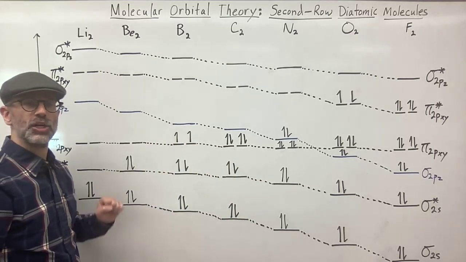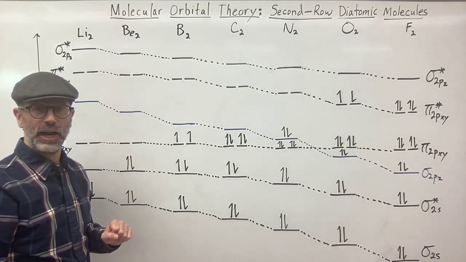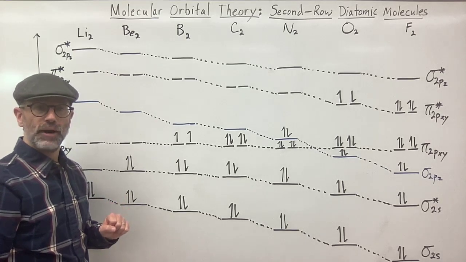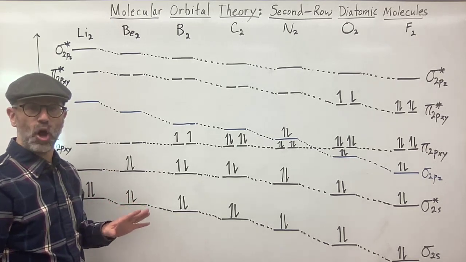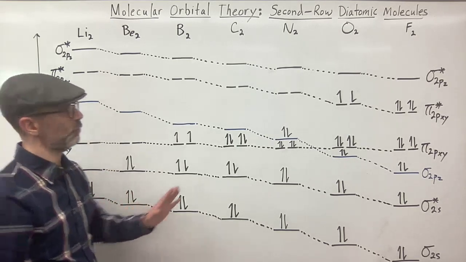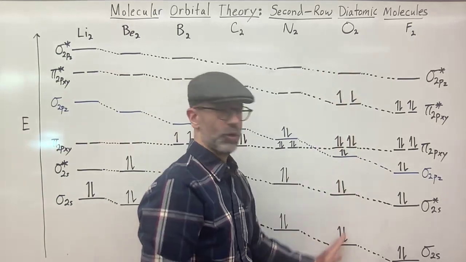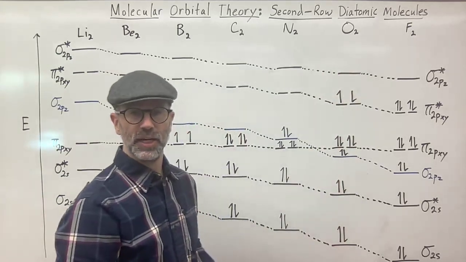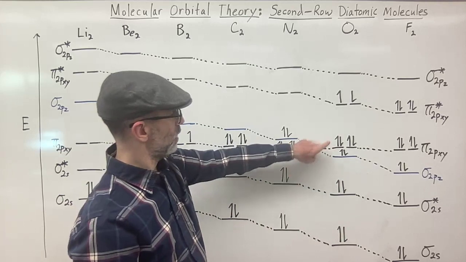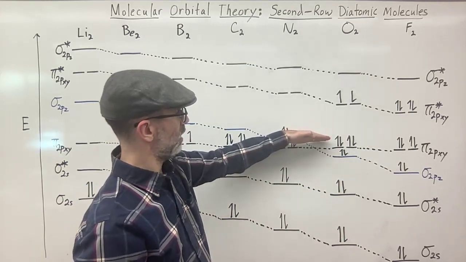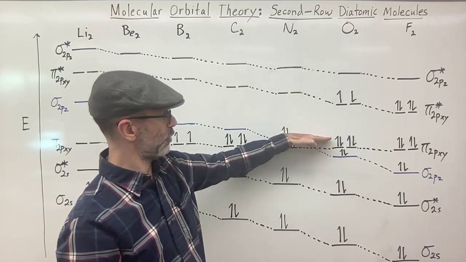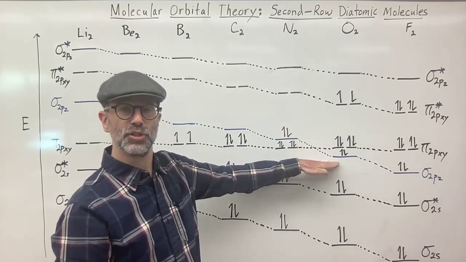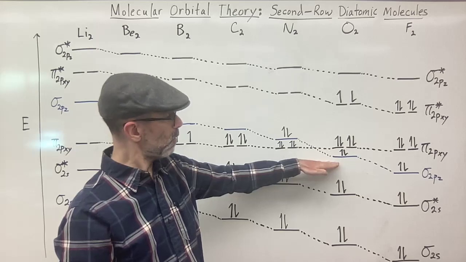And so when we're writing our molecular orbital diagram for our diatomic molecules, we've got to know which molecular orbital diagram to use. If we are doing the diagram involving oxygen and fluorine, we've got to use the ordering where the pi 2px and y molecular orbitals are higher in energy than the sigma 2pz molecular orbital.